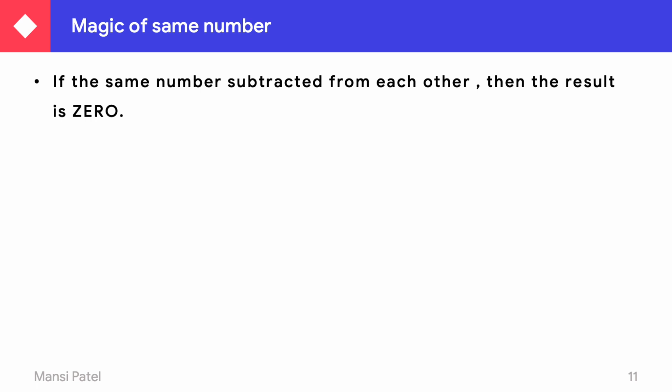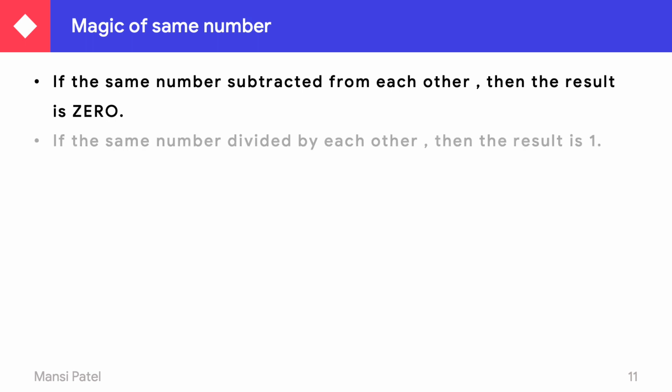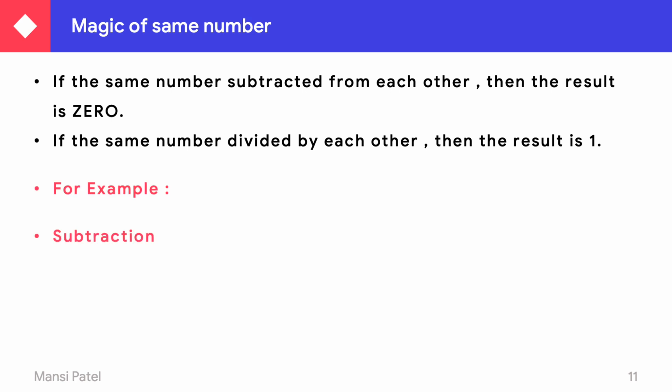Now, let us see the magic of the same number. If the same number is subtracted from each other, then the result is 0. If the same number is divided by each other, then the result is 1. For example, for subtraction, 15 minus 15 is equal to 0, and the same number 24 minus 24 is also 0.